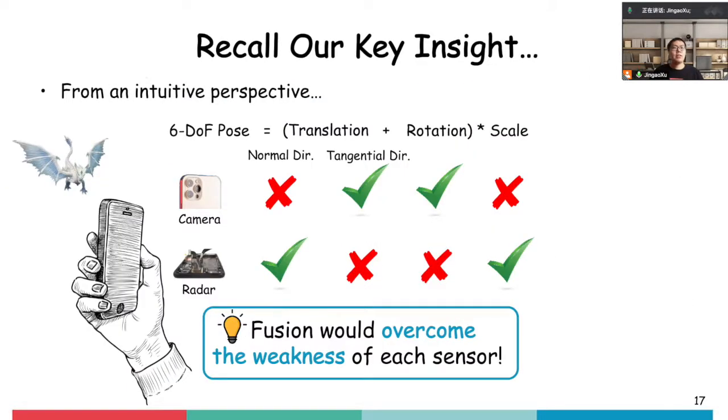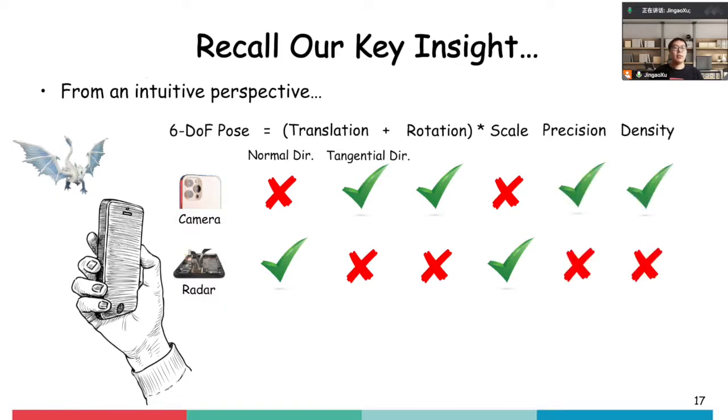Further, let's introduce how to fuse the 2 tracking modules. Before presenting our fusion solution, let's recall our key. Although it is straightforward to realize that fusion would overcome the weakness of each sensor, after rethinking the characteristics of each module, we find that unlike visual features in terms of precision, scale, and density, the sparse point clouds have a relatively low spatial resolution.